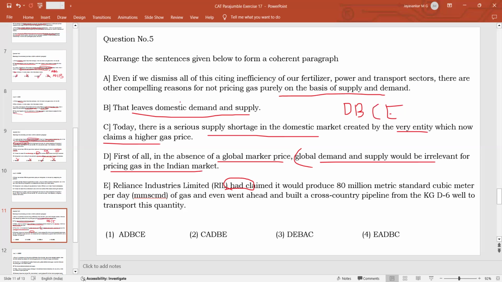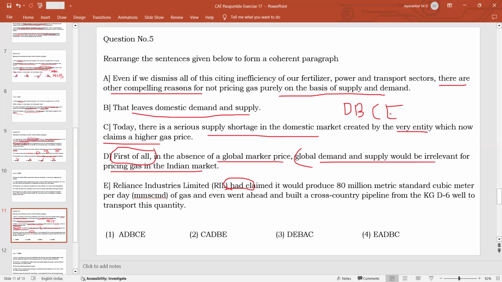Where can we put it? See, in D there is a statement. First of all, here we say that there are other compelling reasons for not pricing gas purely on the basis of supply and demand. So what we can say?